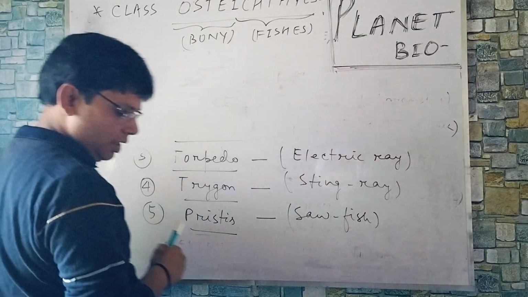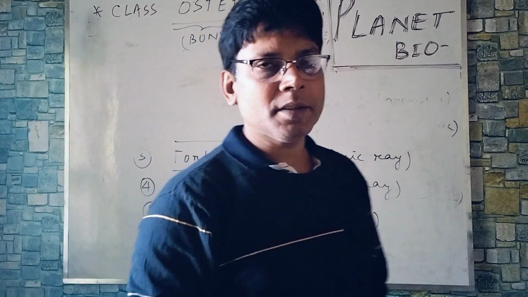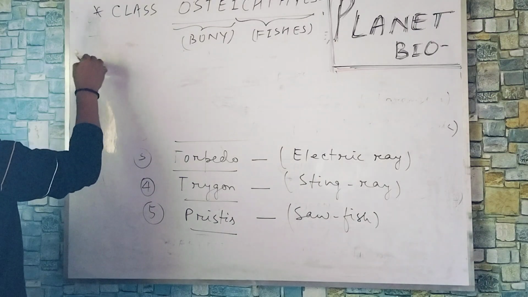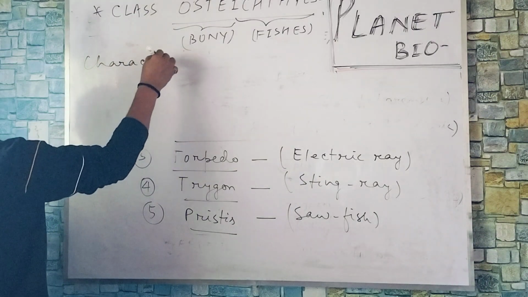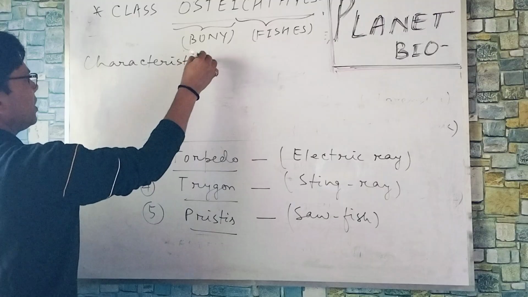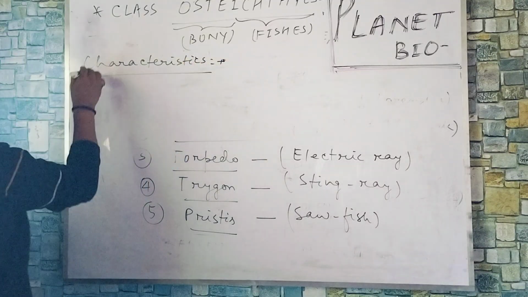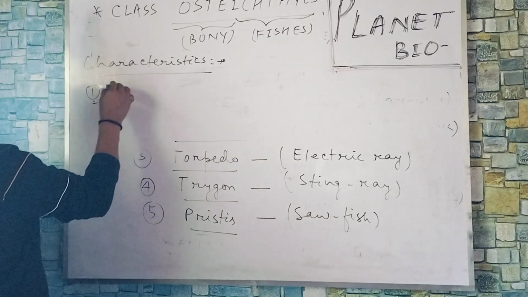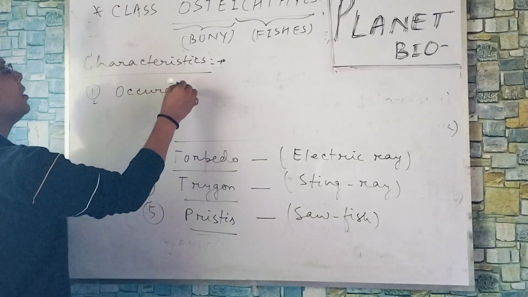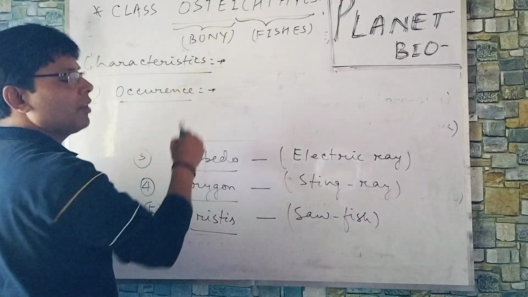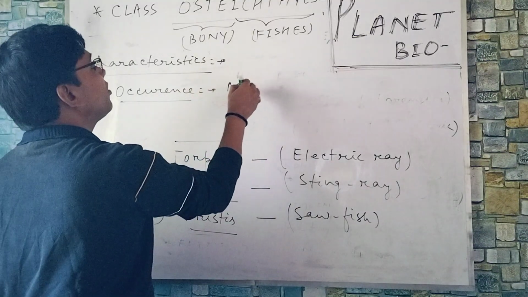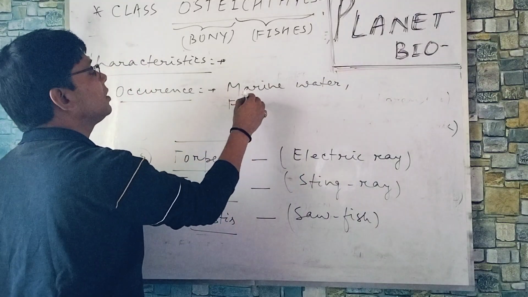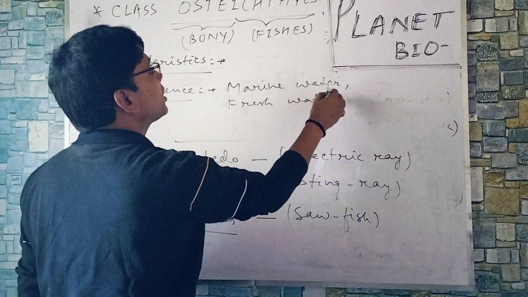Now how are these bony fishes different from cartilaginous fishes? First occurrence, characteristics. You can find some similarities and dissimilarities as well. First occurrence. They may be found in marine water. They may be found in fresh water like rivers and ponds.